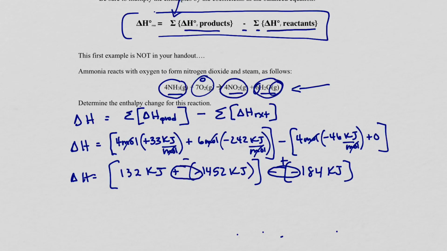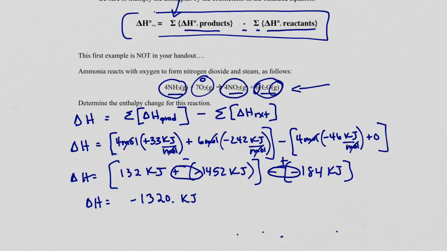Adding a negative sign is going to be subtraction. So let's simplify. Continue to simplify. 132 minus 1,452 is negative 1,320. Because this is subtraction, I want to maintain my significant figures to the ones place, so I'm going to put a decimal there, and that's kilojoules.